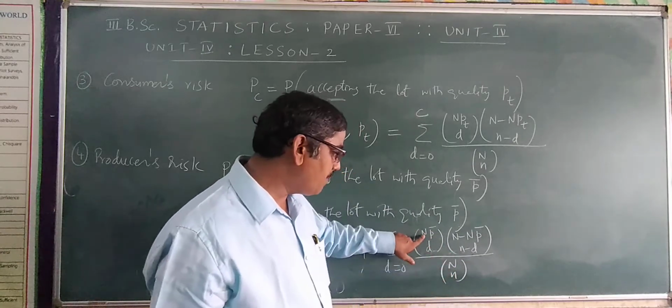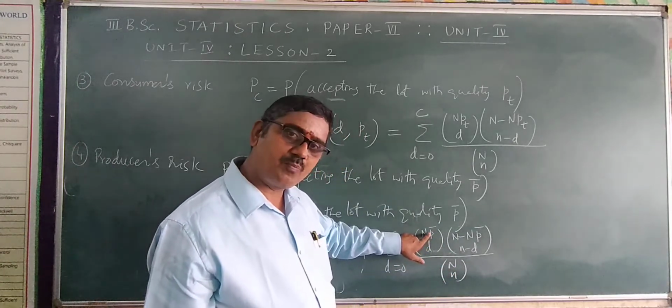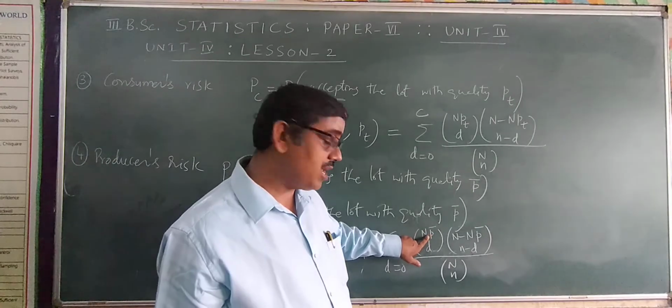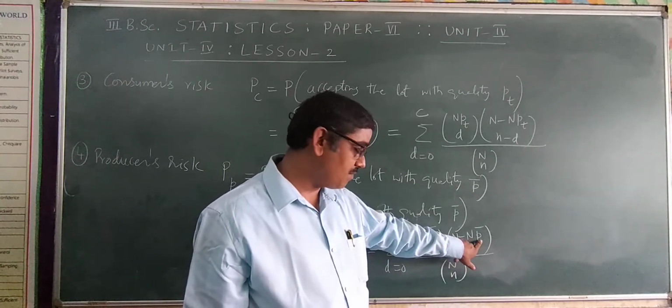This is the formula for the probability of rejecting the lot with quality P bar, that is producer's risk, PP. In the formula of npcd we have substituted p bar in the place of p. Similarly here as well, P bar, that's all.